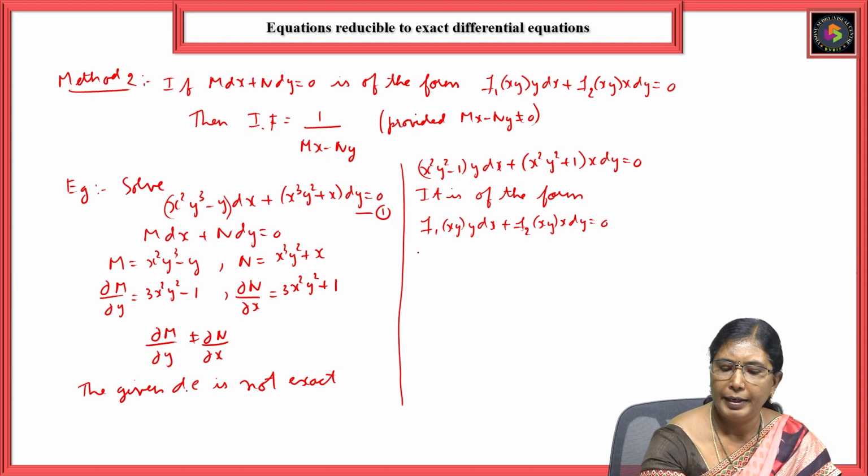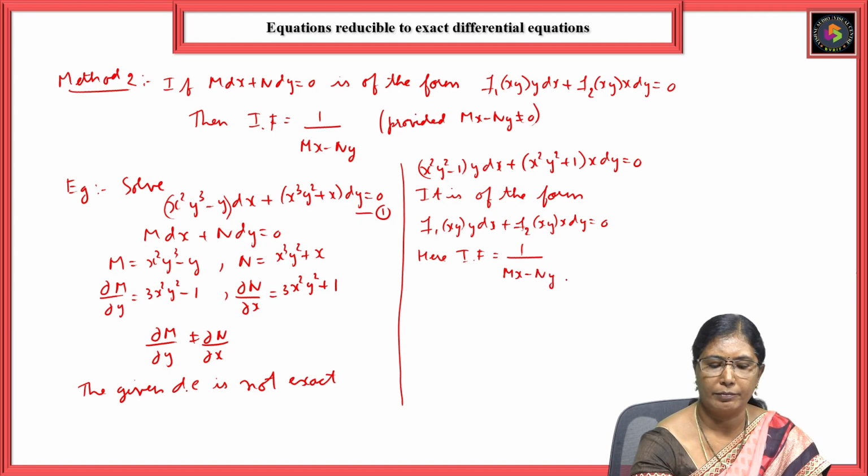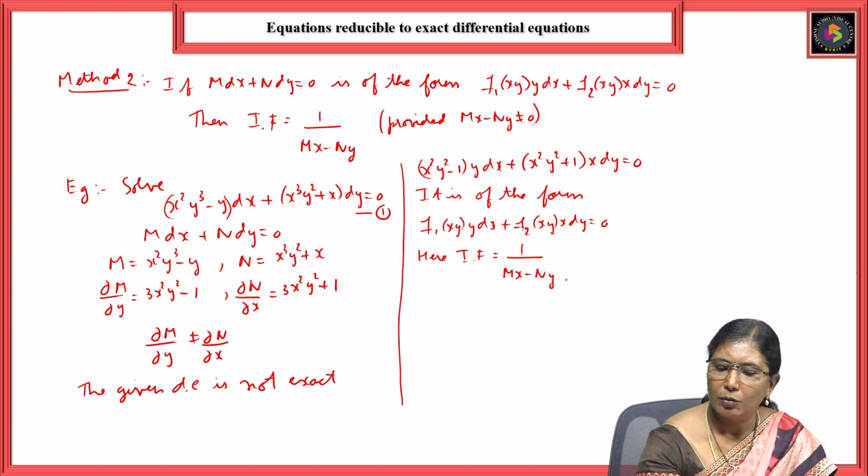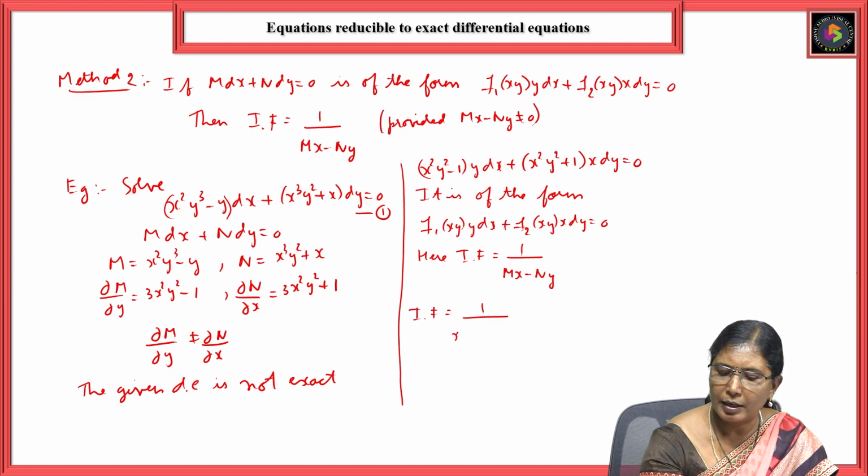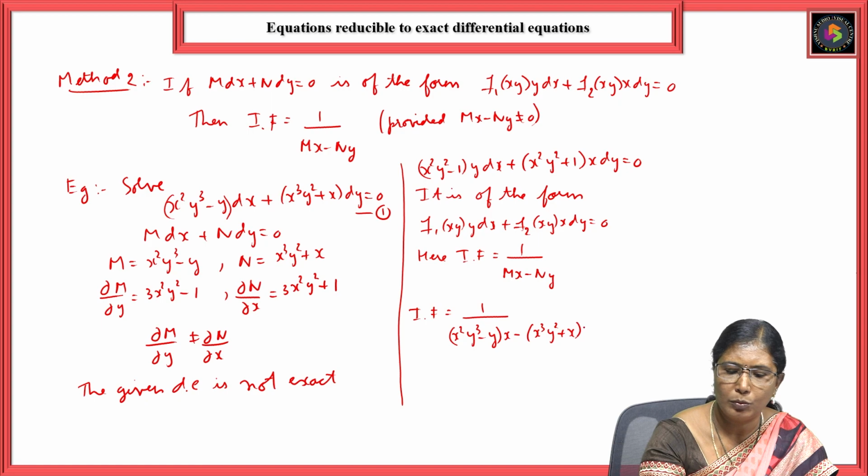So here the integrating factor is 1 by (Mx - Ny). We can find the integrating factor by substituting M and N: 1 by (x^2y^3 - y) x - (x^3y^2 + x) y.